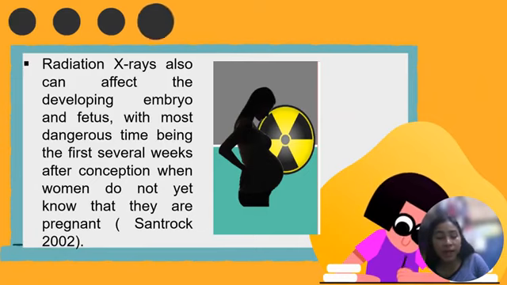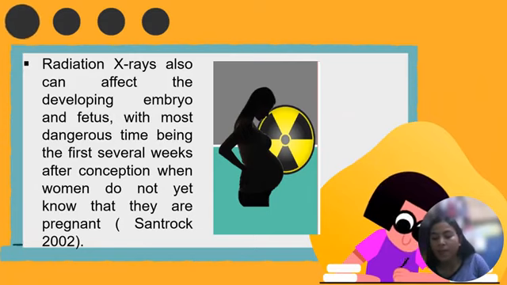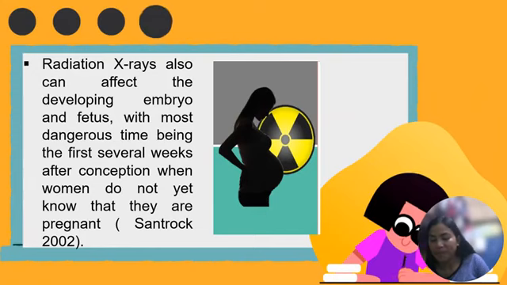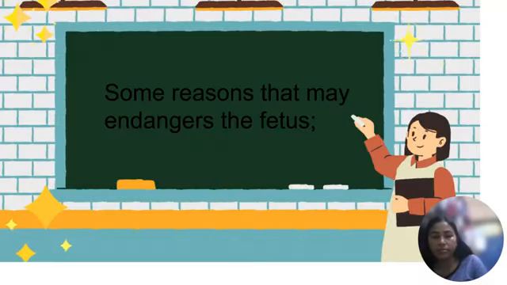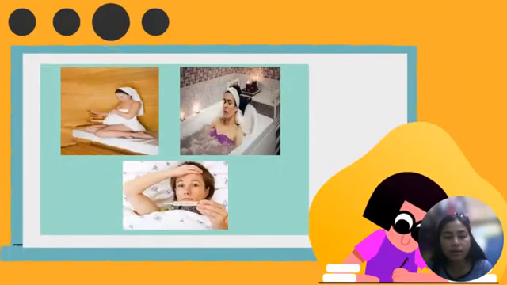In medical contexts, X-rays are commonly used for diagnostic imaging. When directed through the body, X-rays pass through tissues, but denser structures, such as bones, absorb more X-rays and appear as contrasted shadows on the images. So, these are examples of some things that endanger the fetus.